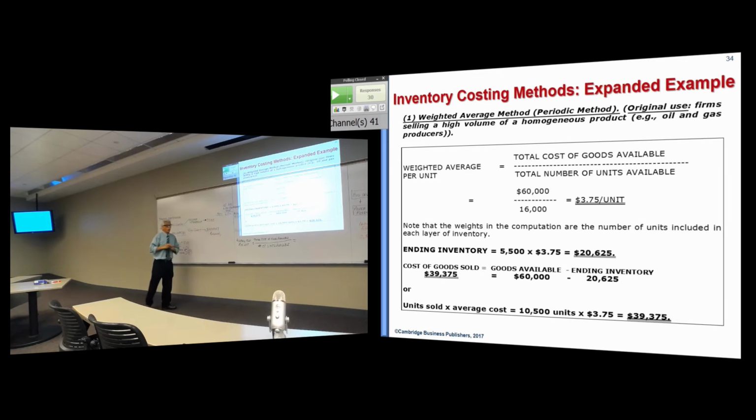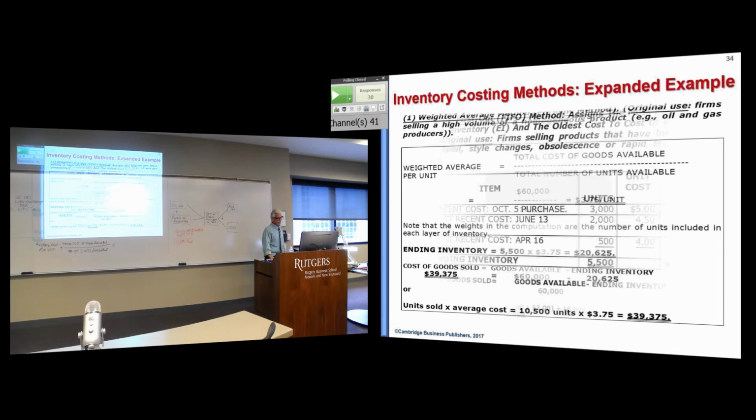All right, so now, before we leave this example, any questions about the average cost? So remember, and I know I keep repeating that, you're allocating a fixed amount. So you're allocating that 60,000 between units on hand and units that you've sold.